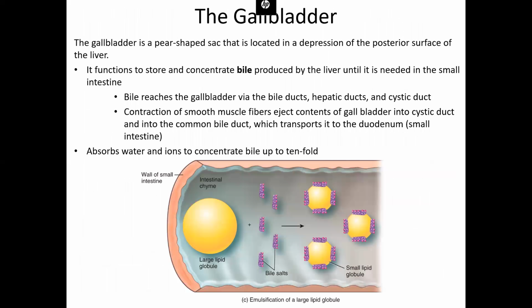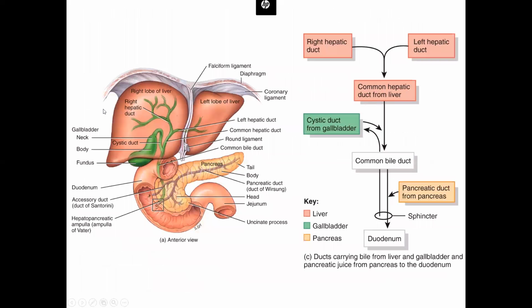Very closely associated with our liver is the gallbladder. It is essentially just an extension of the liver, located in a depression on the posterior surface of our liver. It's connected to our liver by a network of ducts, the direct one being the cystic duct that carries bile from the liver into the gallbladder, where it's stored and concentrated until it needs to be released.